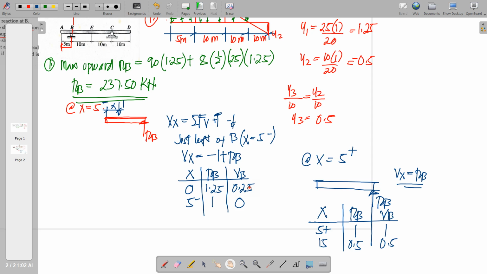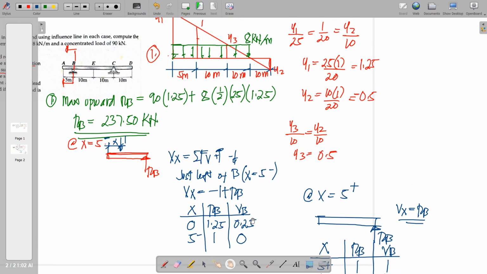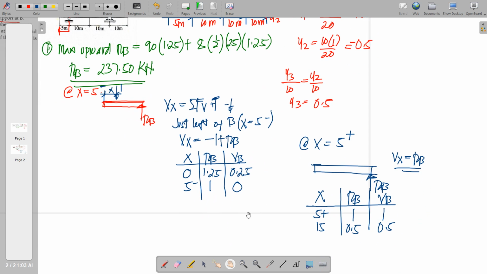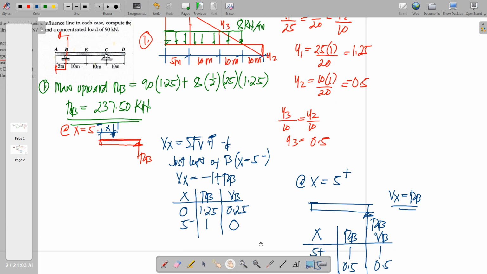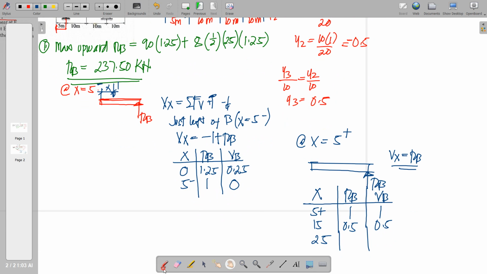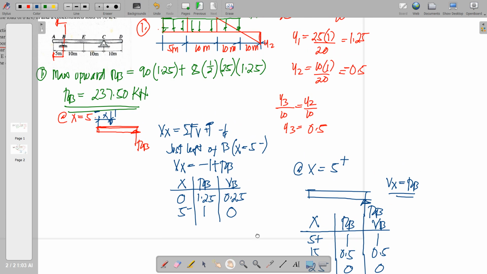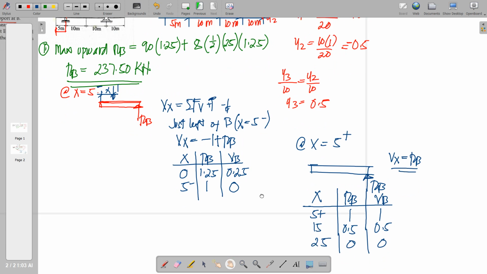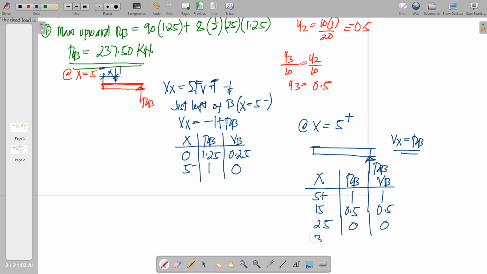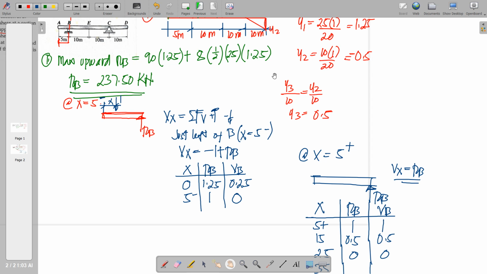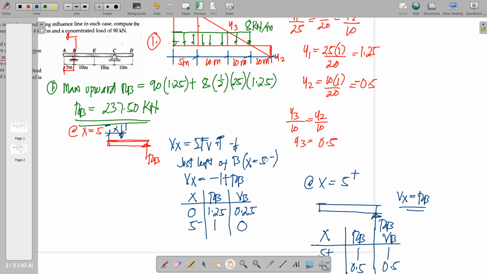When x is 25, RB will be equal to 0. And if it is 35, your RB is y2, that is 0.5.